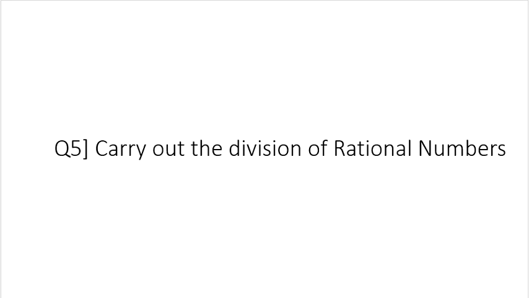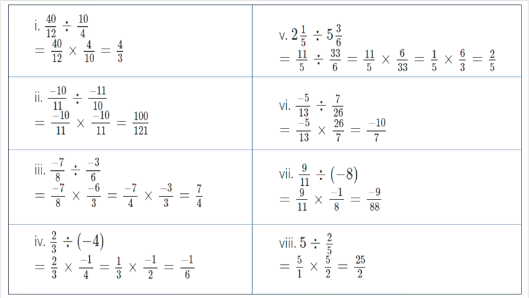The last question of this practice set, question 5. Carry out the division of rational numbers. Before dividing, our first step is to write the multiplicative inverse of the second rational number. So 40 upon 12 into, replace the division sign with a multiplication sign and write its reciprocal or the multiplicative inverse.